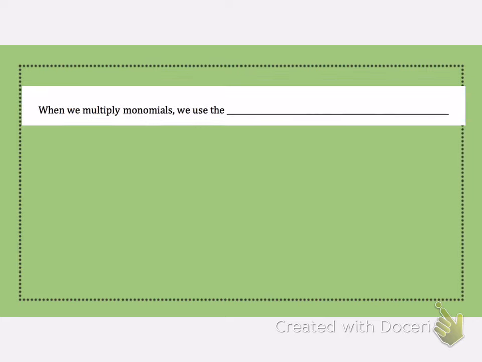So again, just a reminder that when we multiply monomials, we use the distributive property.